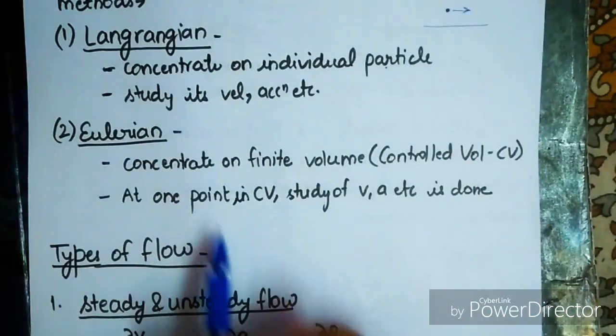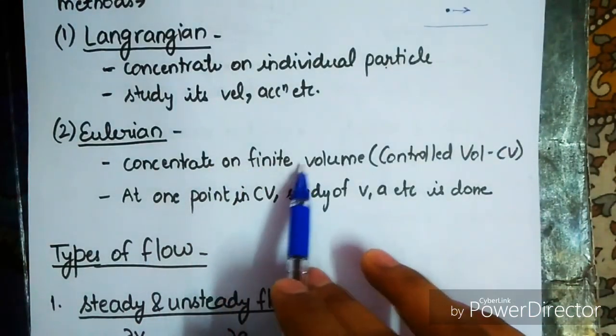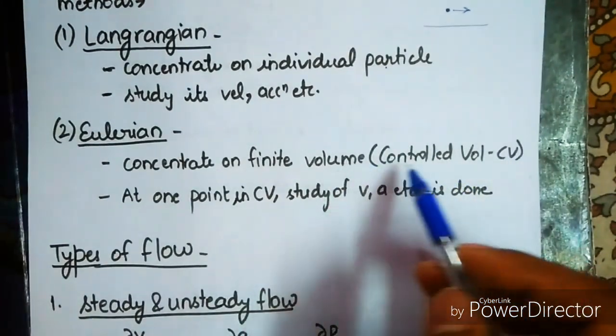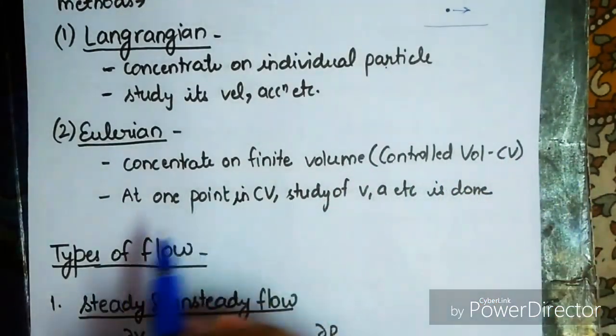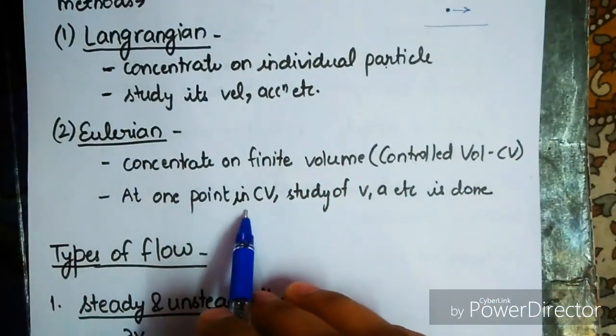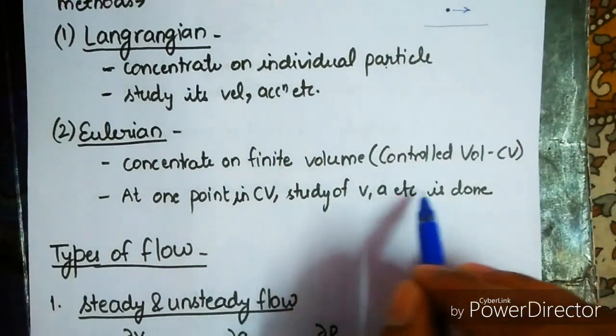But the Eulerian approach concentrates on a finite volume. This finite volume is called the control volume or CV. At one point in the control volume, the study of velocity, acceleration, etc. is done.